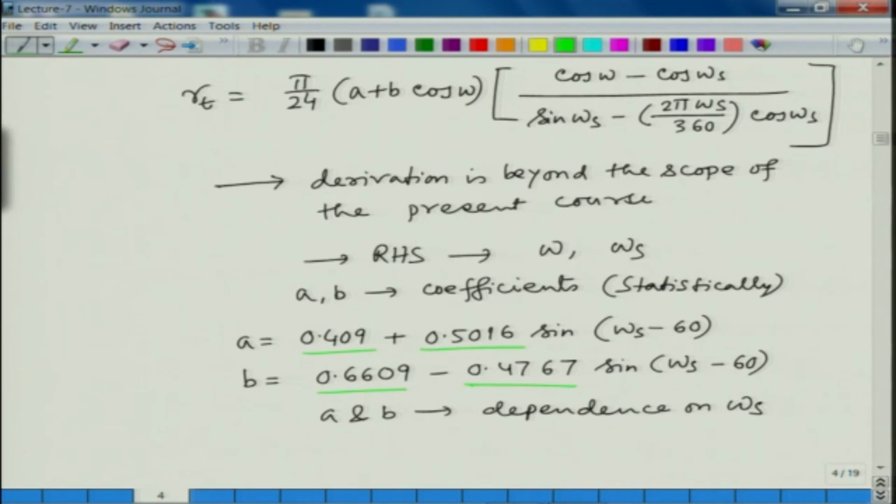Okay. So, that is how we get it, and here you need to see that this W is the hour angle corresponding to a particular hour.